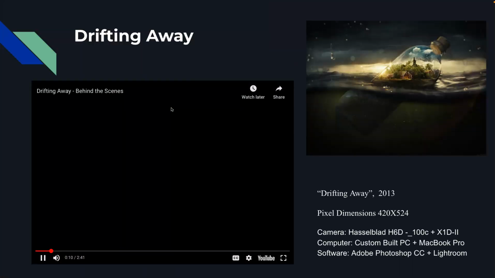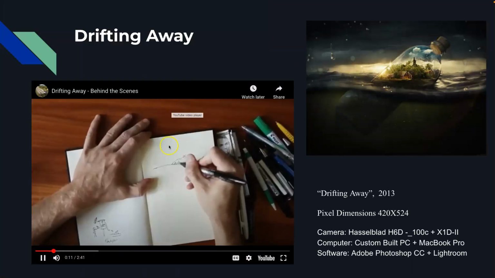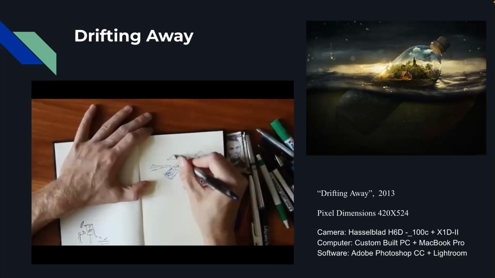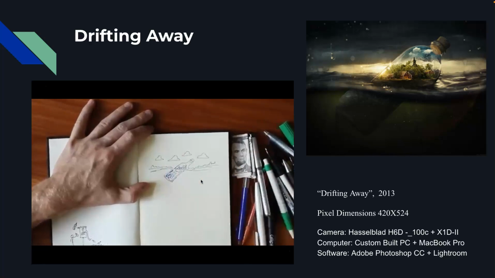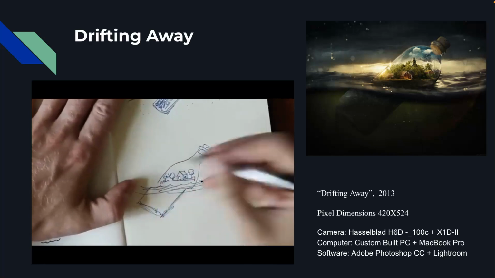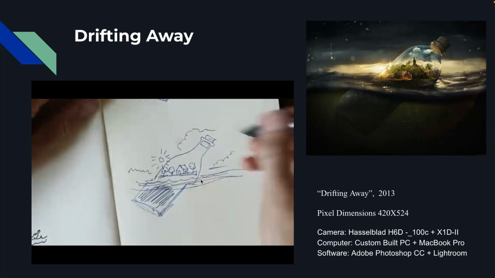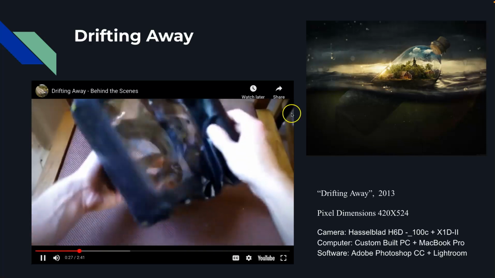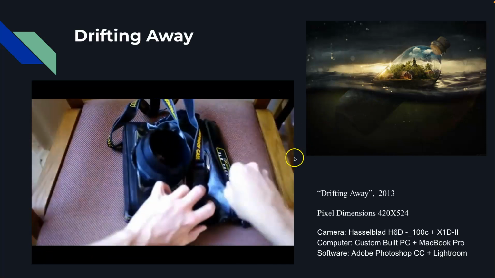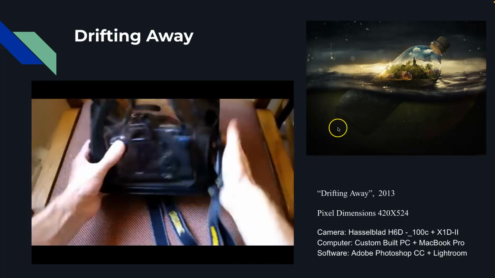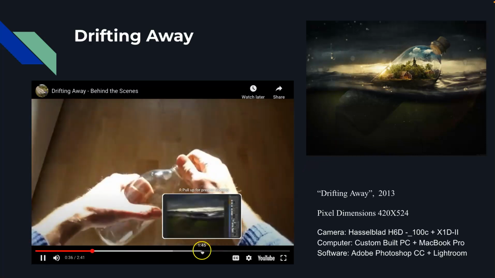So those concept sketches are often influenced by fine art, because he's a fine artist, or influenced by experiments or things he's found online. So once he has an idea of what his composition is going to be, then he'll collect his reference images, and he'll often shoot a lot of his own, and then he'll composite them all together in the computer.